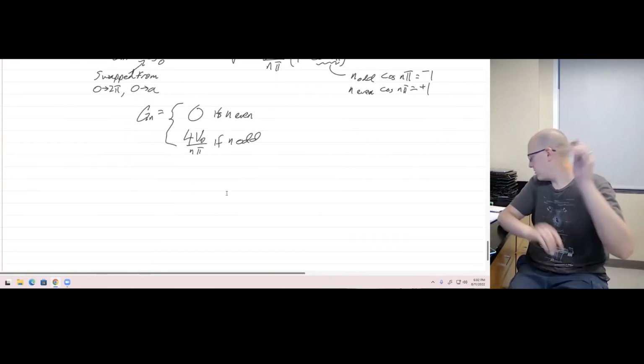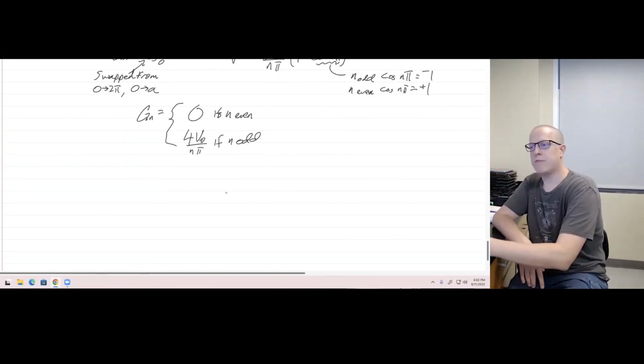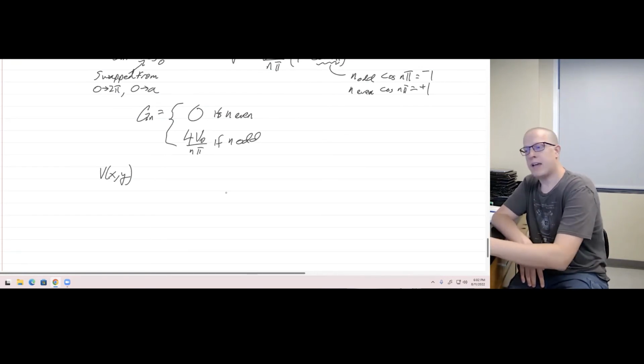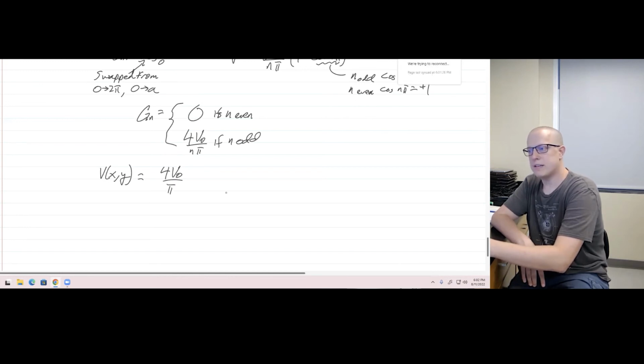Sorry, I know I went over 2 minutes here, but let's just write down the final full answer. My final v of x and y is equal to 4 v0 over pi, that's all these constants out front.